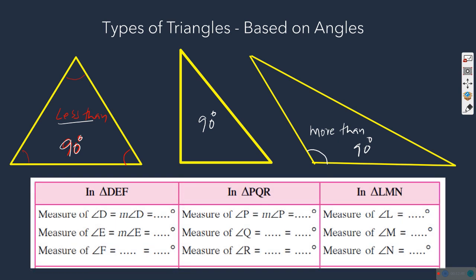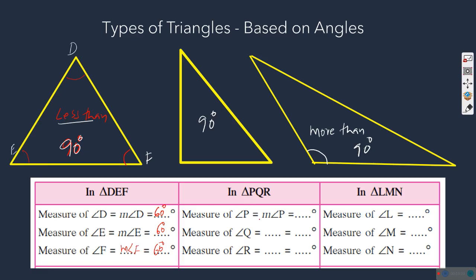In the case of DEF, if I name this as DEF, we found that the measure of angle D, measure of angle E, measure of angle F is equal to 60 degree. 60 degree here, 60 degree here, 60 degree here.